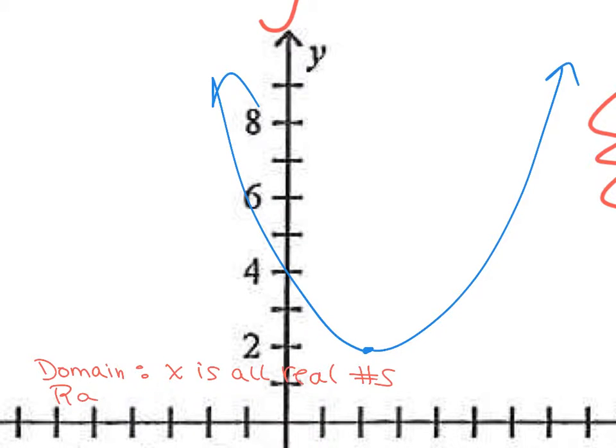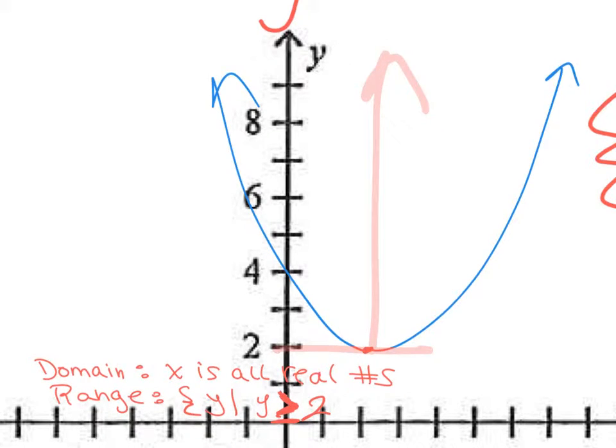But what would the range be? y such that what? Y is greater than or equal to 2, because it is from 2 up.